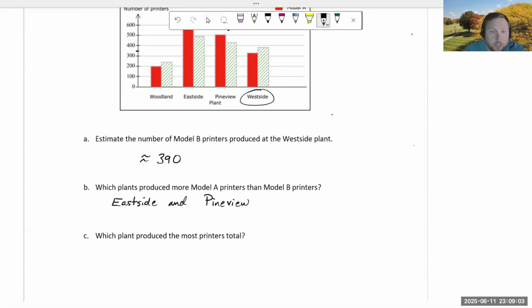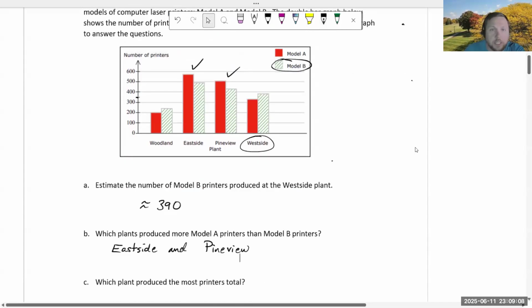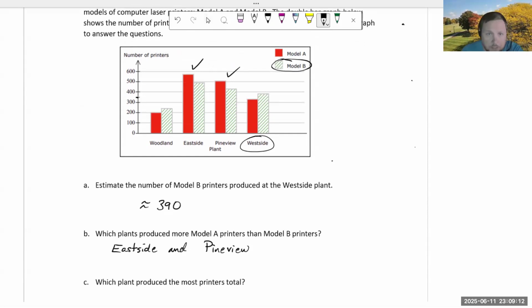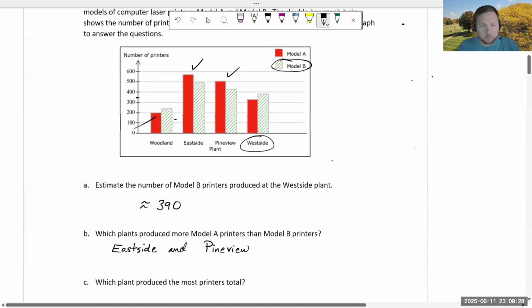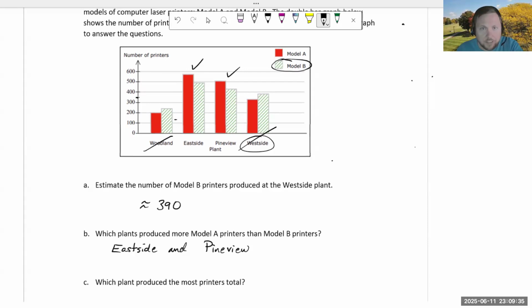Which plant produced the most printers total? That means we're looking at A and B combined. I'm not even going to try and figure out how many there are, but we can see it's not going to be Woodland, and it's not going to be the West Side.